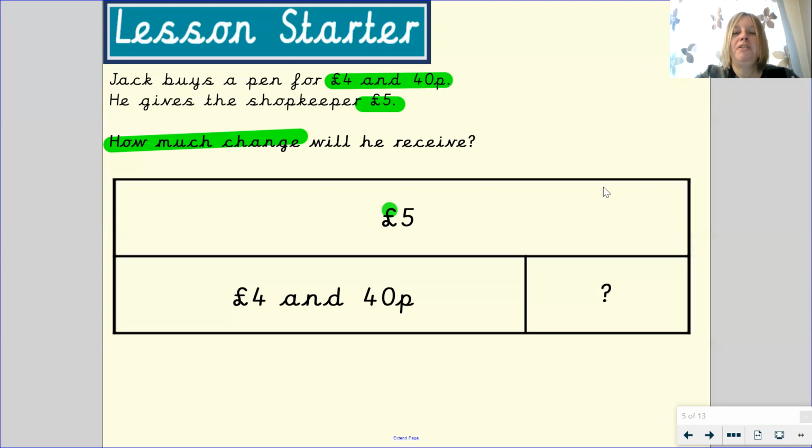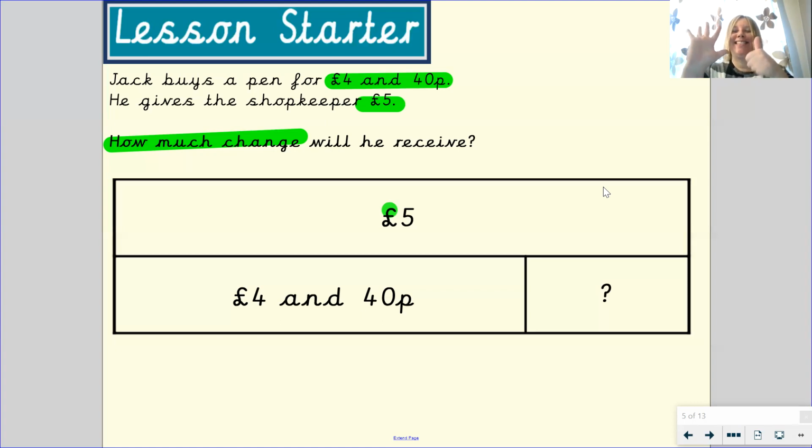I can put the 40p in my head and count on in tens till I get to 100. This will help me to find out how much change Jack will get. Let's put the 40p in my head. 40, 50, 60, 70, 80, 90, £1.